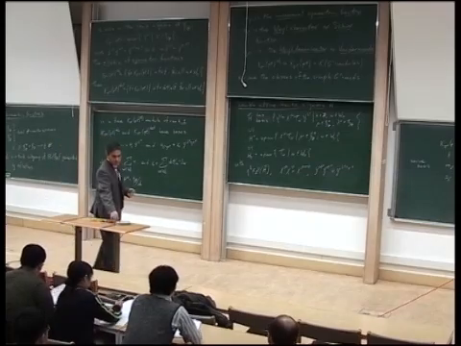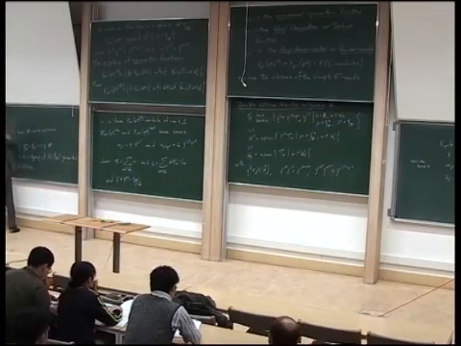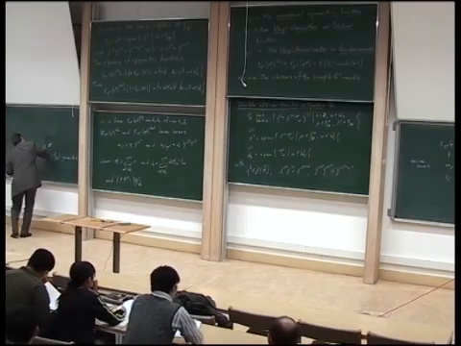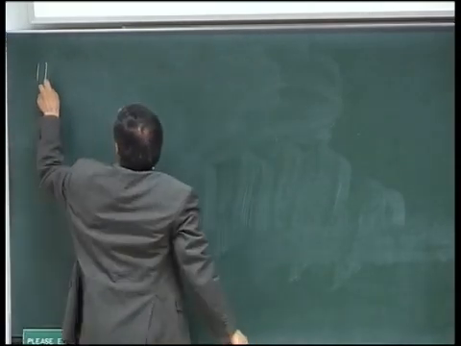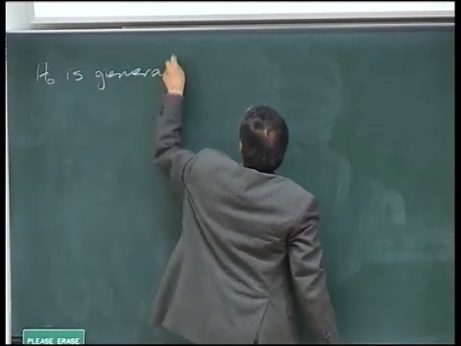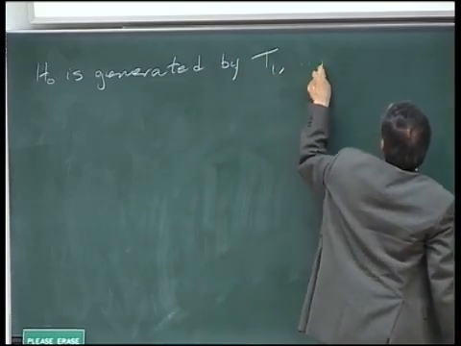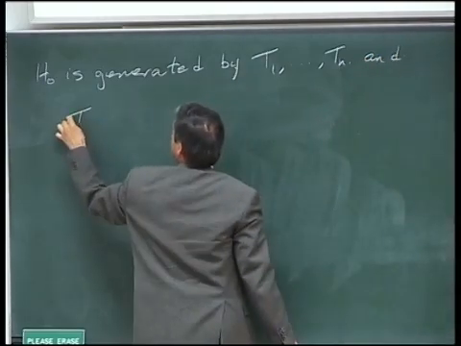But H0 is generated by some symbols which we'll call T1 up to Tn, and relations which I'll use today.